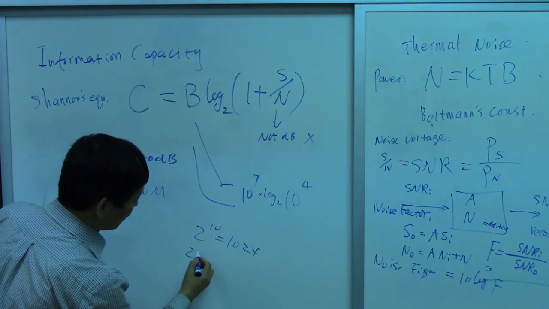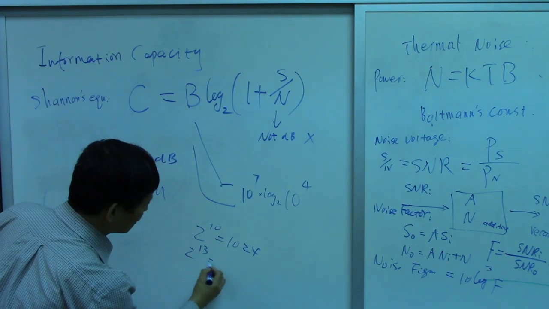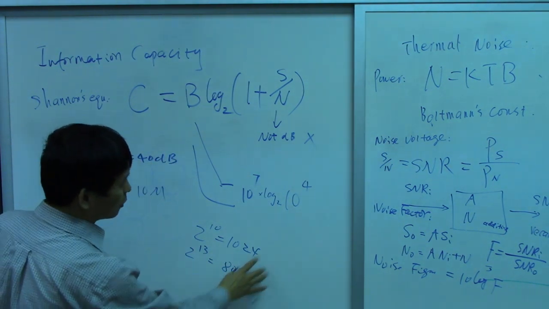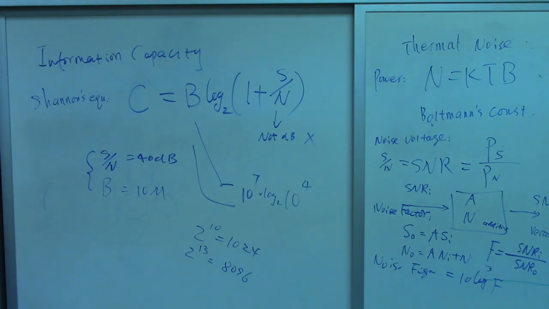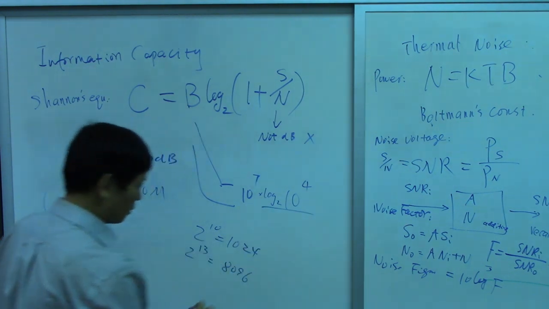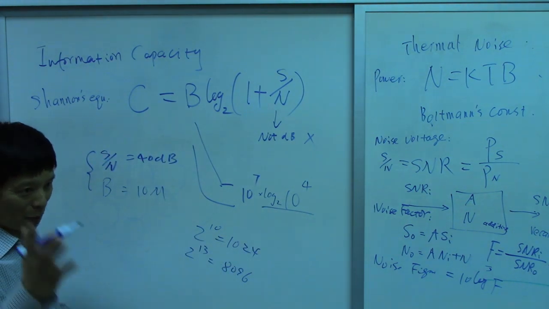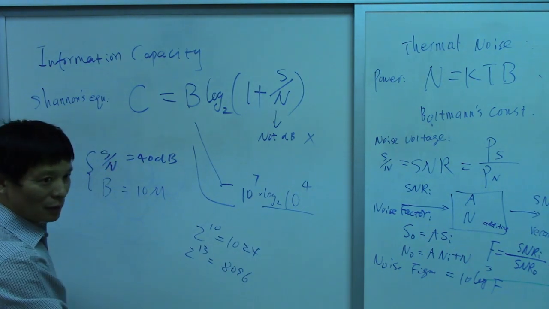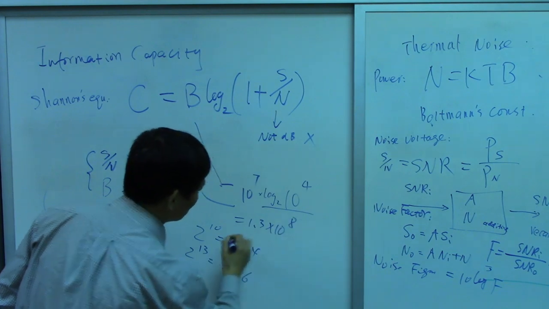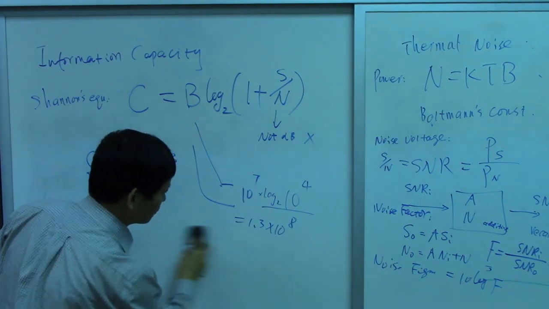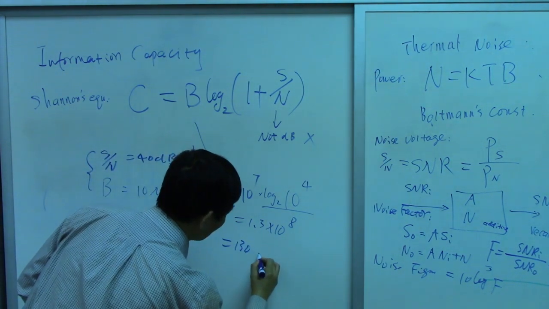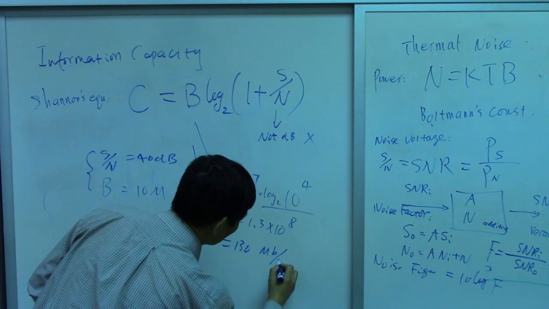And 2 to the 13 is 8,192, very close to 10,000. So this almost equals 13 something. You can use a calculator, but sometimes you need to approximate. So this is close to 13. Suppose we use 13, so this is 1.3 times 10 to the 8th. That means it equals 130 megabits per second.